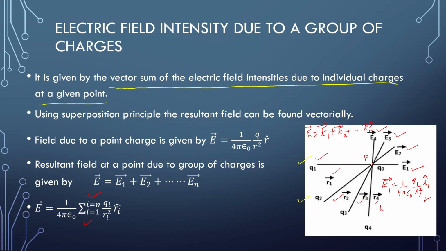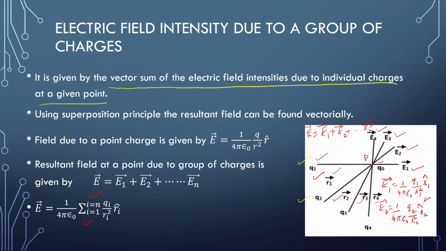When I substitute i is equal to 2, I get the second expression, that is, E2 vector will be equal to 1 upon 4 pi epsilon naught Q2 upon R2 square into R2 cap, where R1 cap, R2 cap are nothing but the unit vectors directed from Q1 towards Q0.